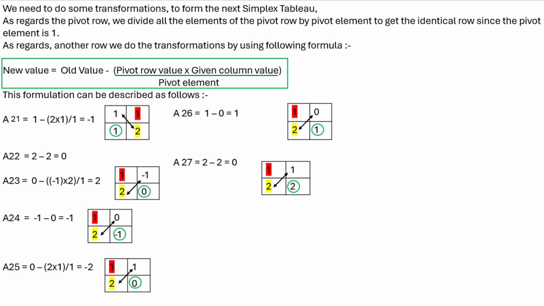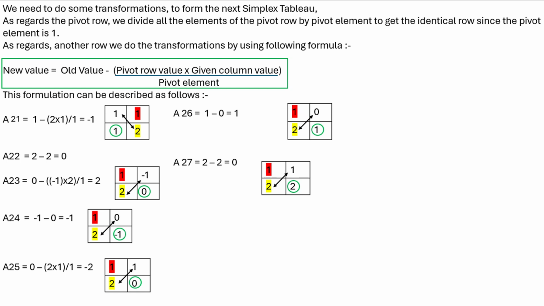Now I know that when this formulation is described in generalized form, it seems abstract, but let us try to describe it. Now I am using the snippet of the previous table to describe this calculation.